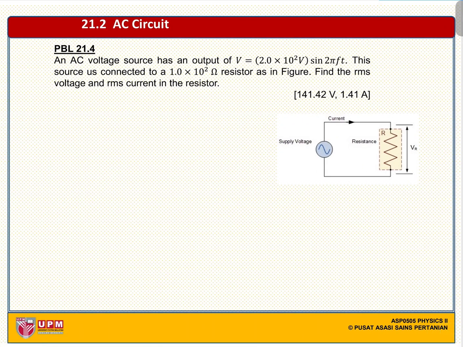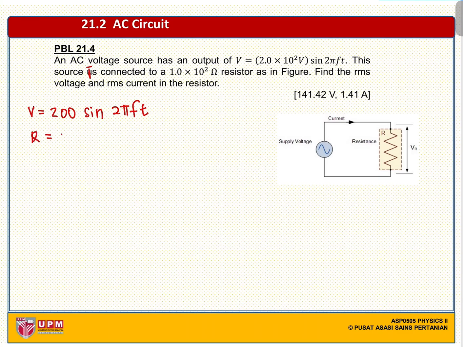It says an AC voltage source has an input of this one. Okay, you have V equal to 200 sin 2 pi ft. This source is connected to a 100 ohm resistor.